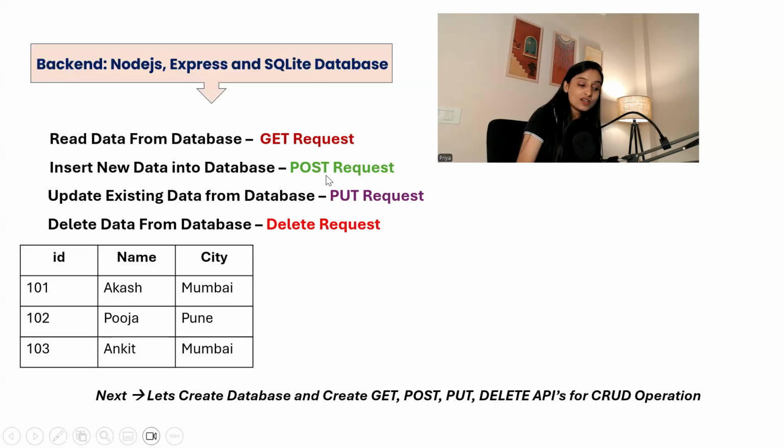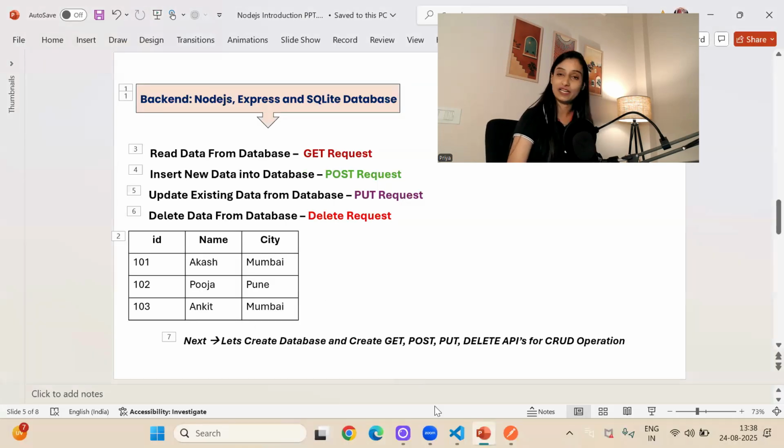Your post request will be handled by the post method, your put request by the put method, and your delete request by the delete method. If you are not getting 100% clarity, that's totally fine. Once we build the API, you will get 100% clarity. So all these APIs we are going to create now. Let's switch to VS Code and start building our APIs.